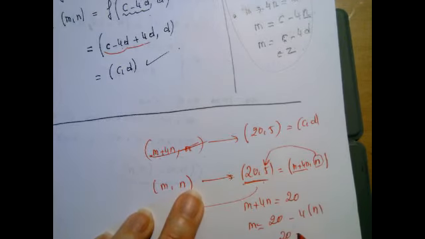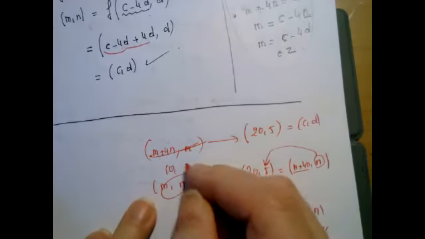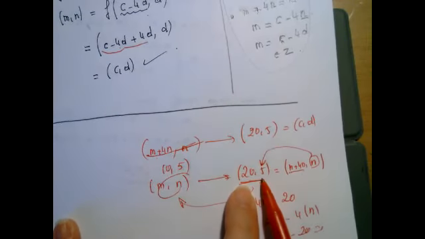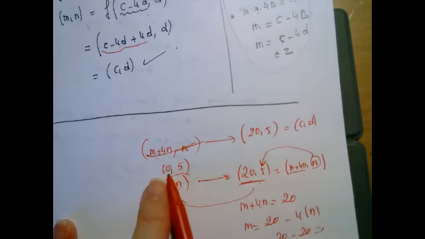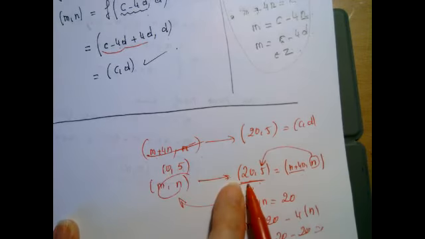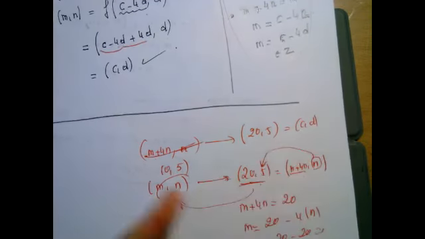It means 20 in this case minus 20 is 0. So this one has to be 0, 5. And 0, 5 is actually mapped to 20, 5 because what f does, it takes the first plus 4 times the second, which is going to give me a 20, and the 5. So that's really what we are doing. That should remind you of the inverse function. You have the output, and we're finding the input in terms of the output.